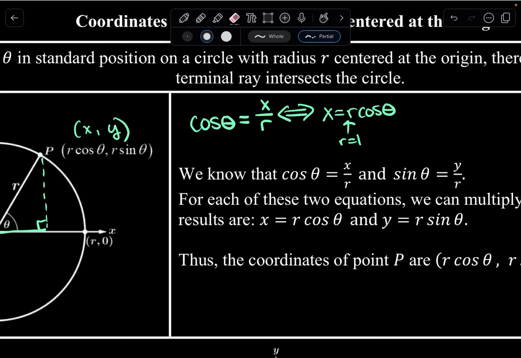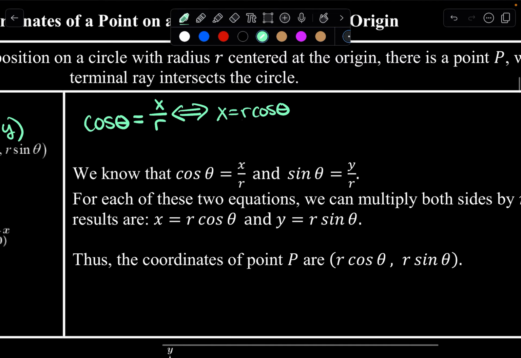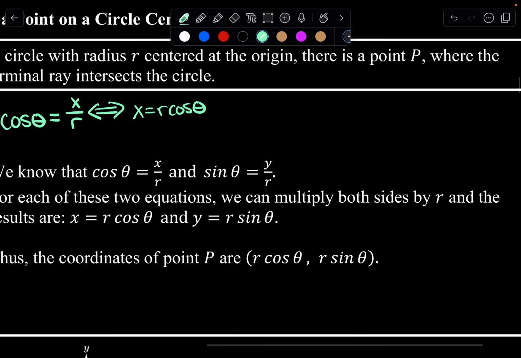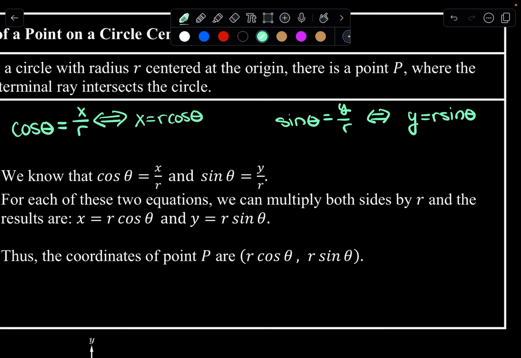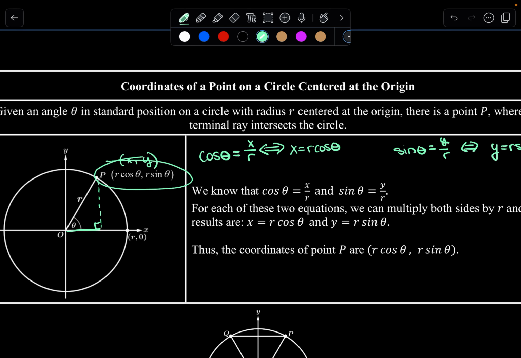But now that we are going to be working with circles where the radius will not always be 1, we now need to remember that that r will be multiplied with our cosine theta. And the same thing can be said for sine theta. SOHCAHTOA, opposite over hypotenuse, so we'll have y over r. If we multiply r to both sides, we can see that y is equal to r sine theta, which is where we get this from.